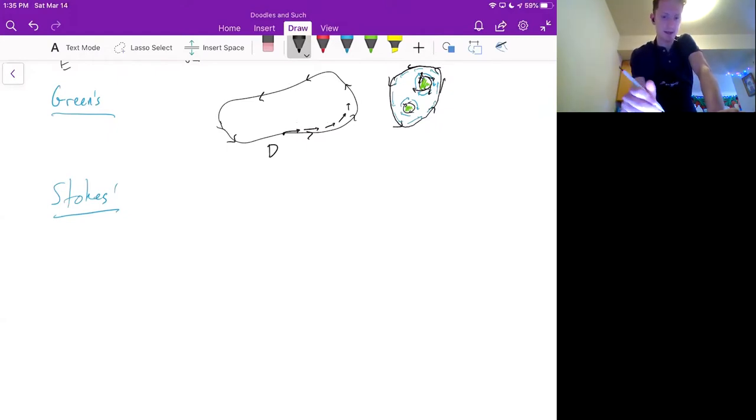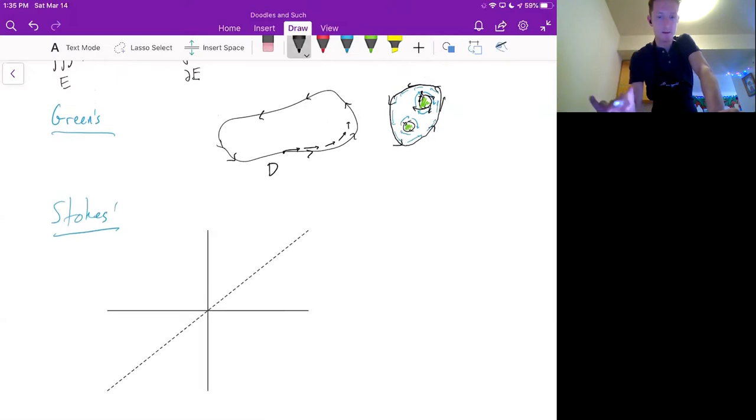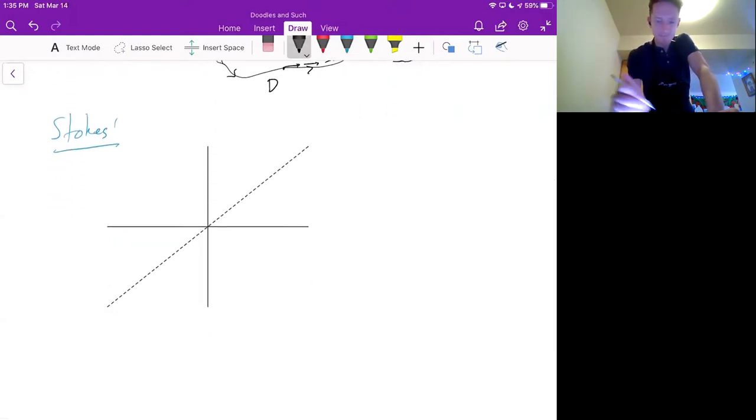We can imagine a situation in Stokes' theorem similar to Green's theorem, with this coordinate axis here. If I imagine that I draw my region from Green's theorem in the xy plane in 3D space, let's imagine this is y, this is x, and this is z.